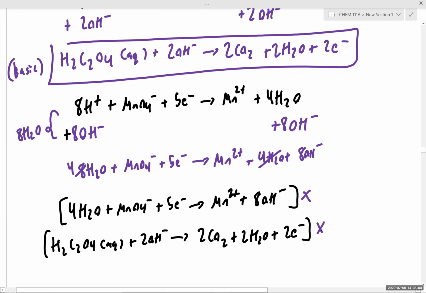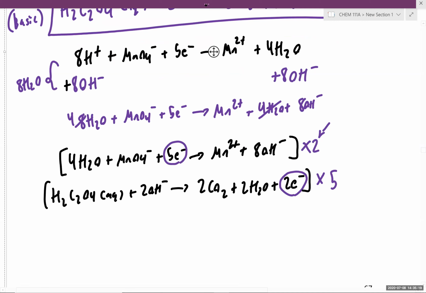So let's start with the top. What should I multiply my top equation by so that my number of electrons on each side are equal? 2, yep. And the bottom equation we multiply by 5.